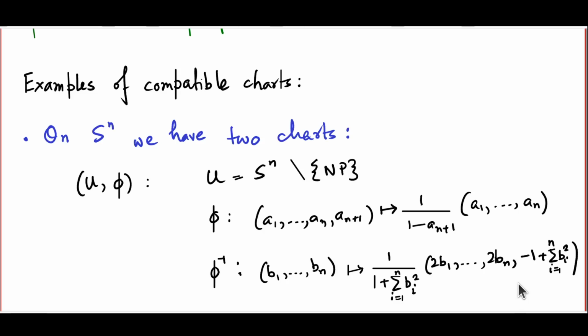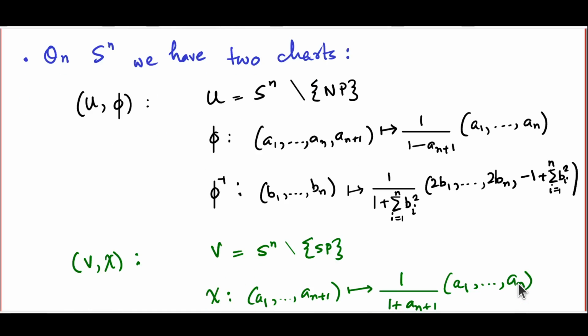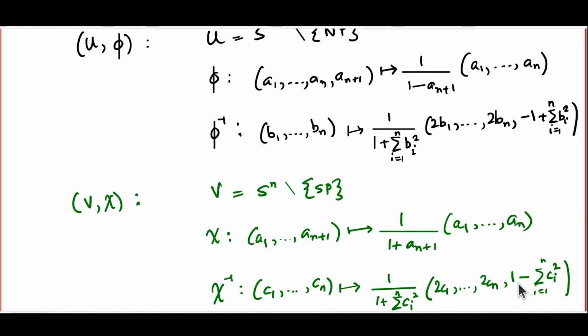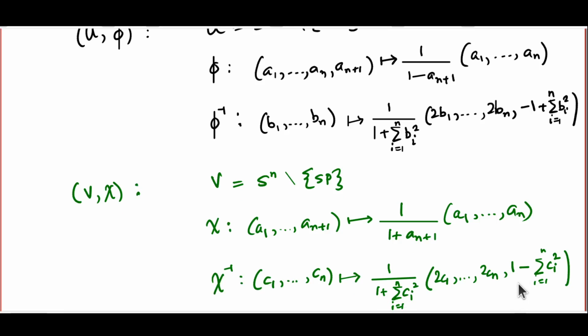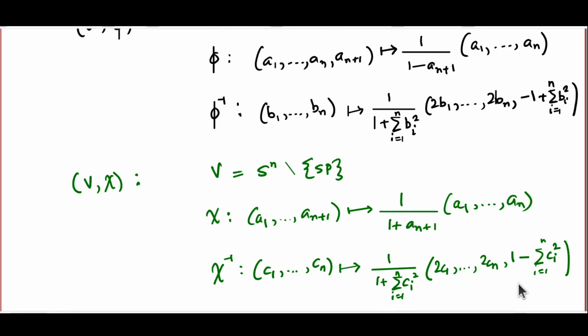The last coordinate, an plus 1, is given by minus 1 plus the sum of all the bi squares divided by 1 plus the sum of all the bi squares. So this was one of the charts. The other one, the stereographic projection from the South Pole, V, chi, has a very similar structure. The domain V is Sn with the South Pole removed, and the chart chi takes a1, a2 up to an plus 1.